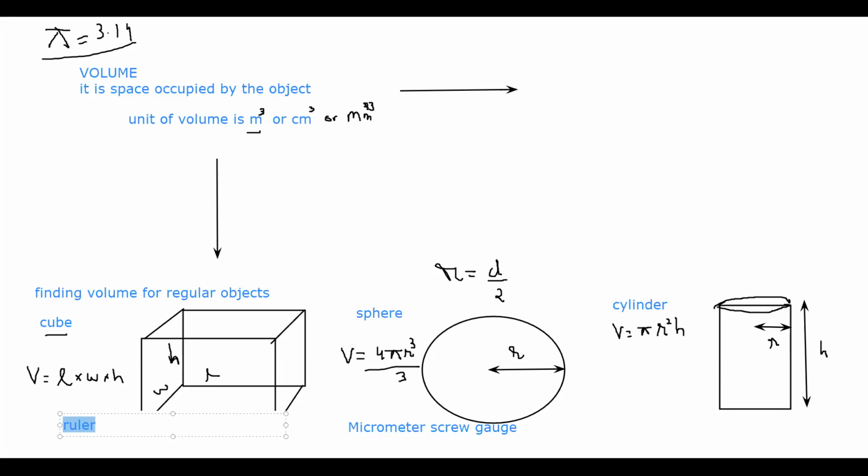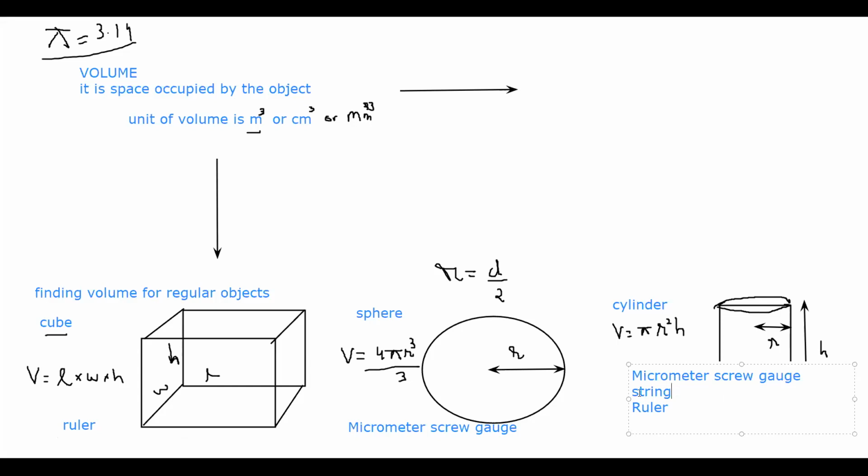I want to measure the diameter and the height. So the apparatus we need is a micrometer, to measure the diameter, and a ruler to measure the height.